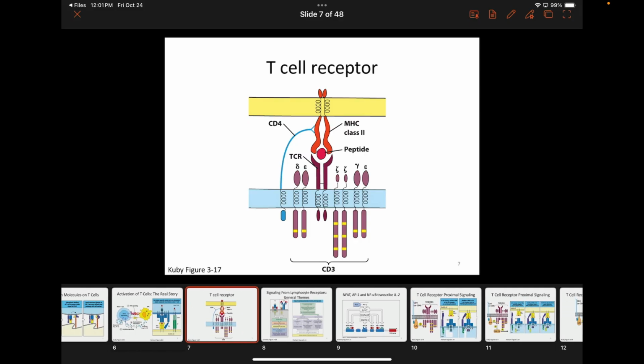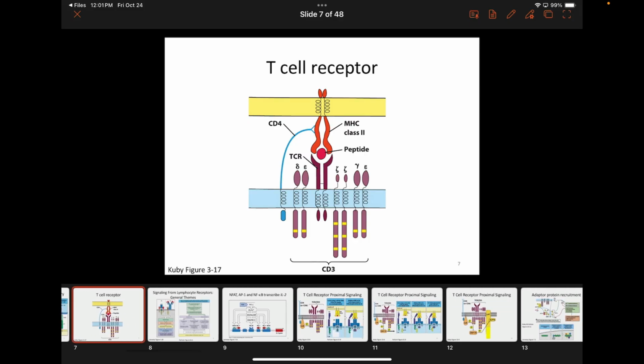The main set of things I want to tell you about today are the events that happen in the T cell downstream of the T cell receptor. So when the T cell has its T cell receptor engaged with MHC plus peptide, what events happen in the T cell to take that T cell from a naive T cell to an activated T cell?